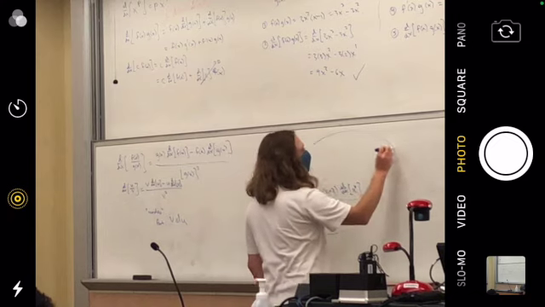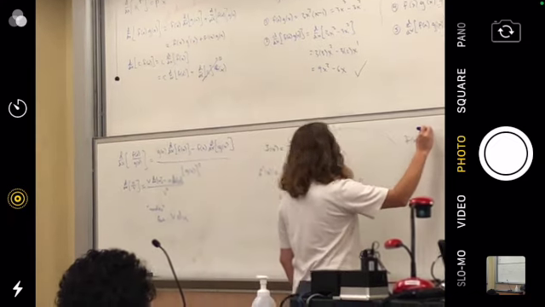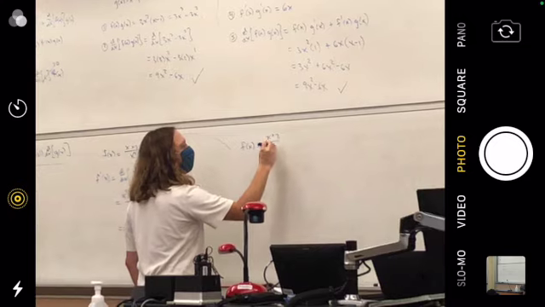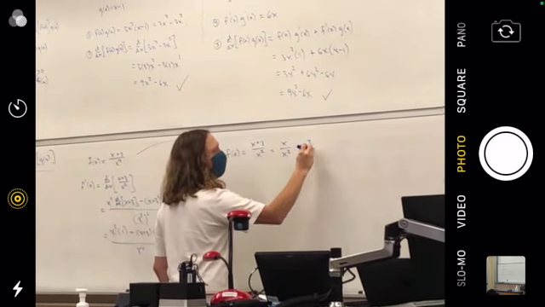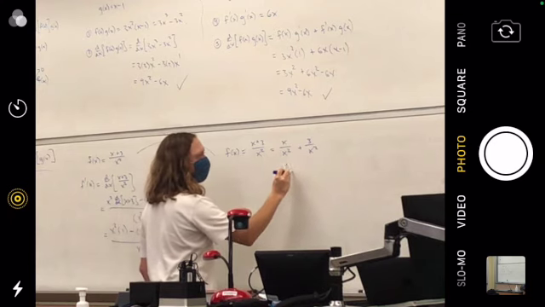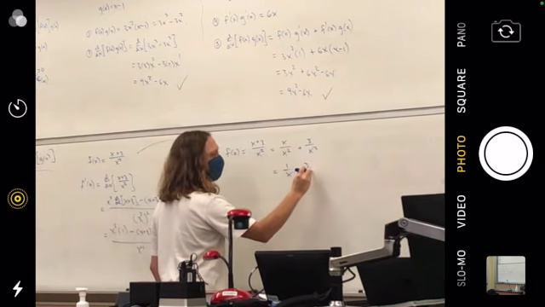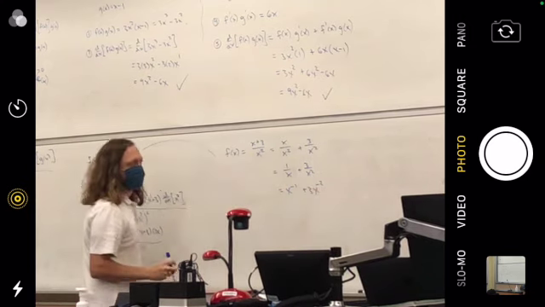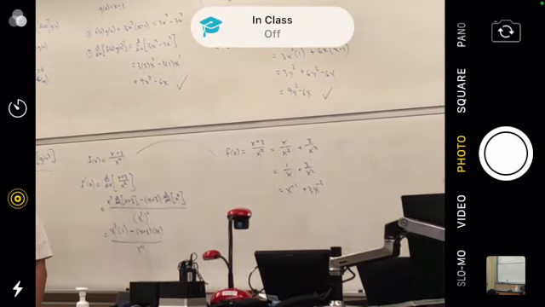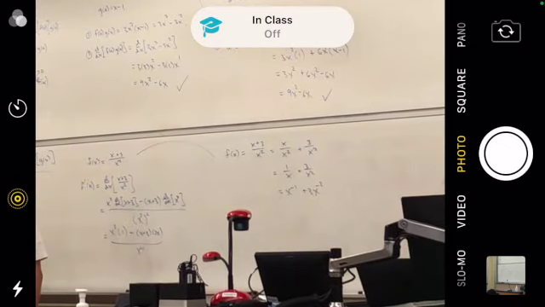How else could I have done this? Hey, f of x is actually equal to this. Do I have a quotient anymore?